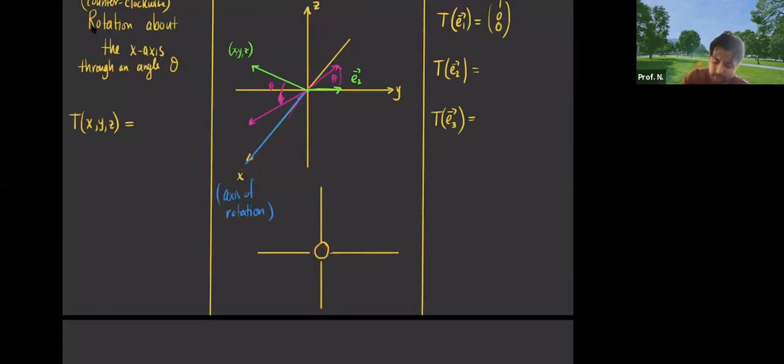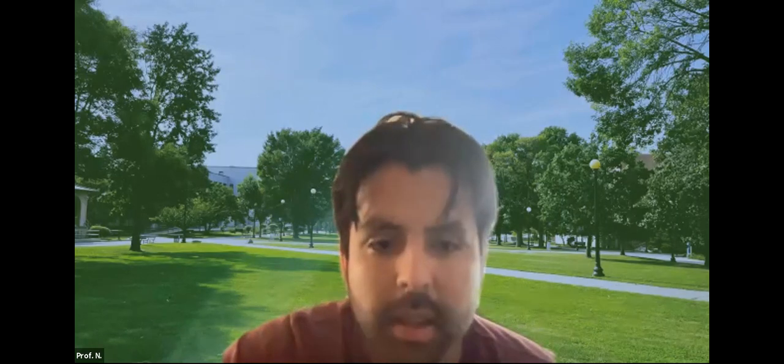Do you guys understand what I'm doing? And then this here is the y-axis and this is the z-axis. Do you guys see what I'm doing? And then e2 is right here, and I'm rotating this by theta. I think this just stopped working. Hold on. Let me do this again.